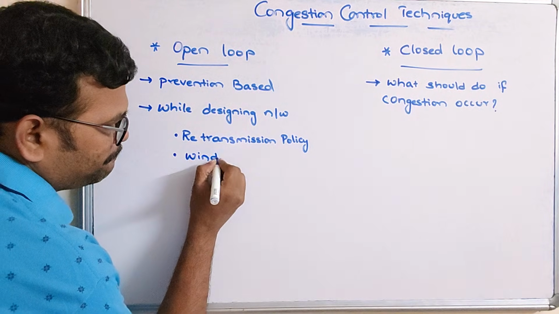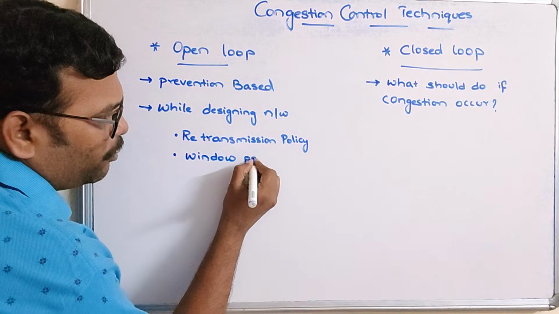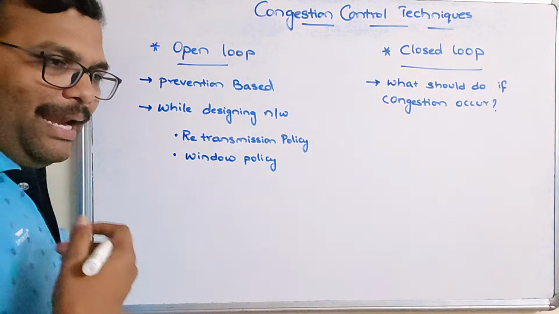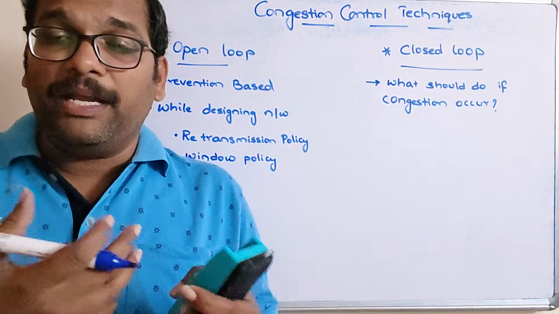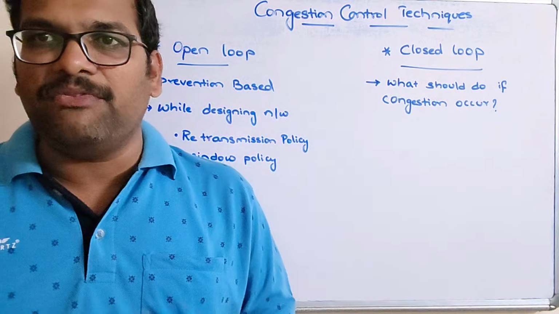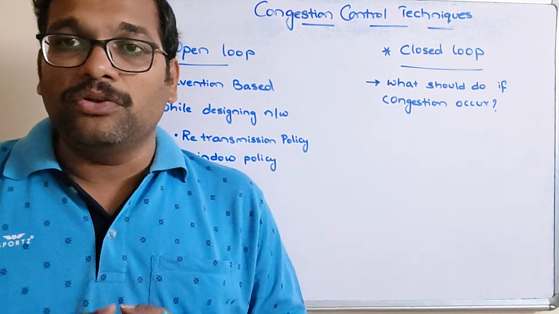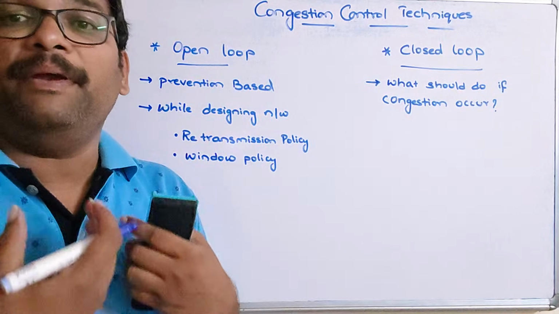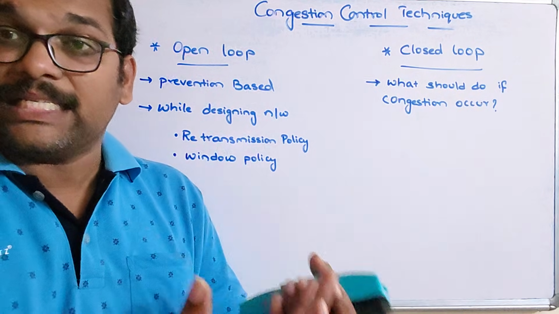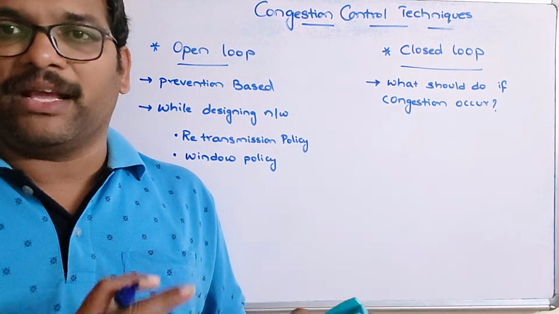window policy. While retransmitting any packet, that will be done with respect to the acknowledgement received from the receiver. So at a time, how many packets can be transmitted without the acknowledgement?